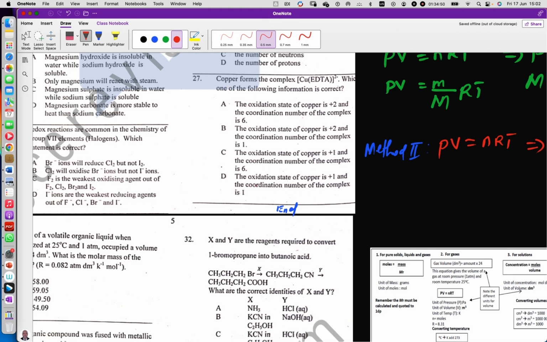D, plus 1: no. The coordination number doesn't work here. C, the oxidation state of copper is plus: no. B: no. A, the oxidation state of copper is plus 2, that's good, and the coordination number of the complex is 6, exactly. So our answer for question number 27 is A.